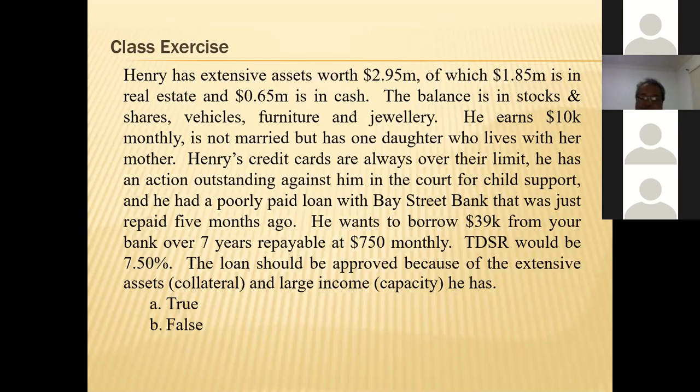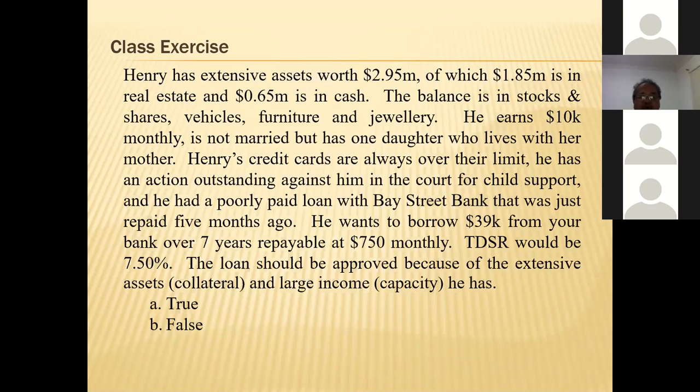He always goes over the limit with his credit cards. He already has an action in the court for child support. He has too many strikes against him in terms of his character, which to me makes everything else fall away.